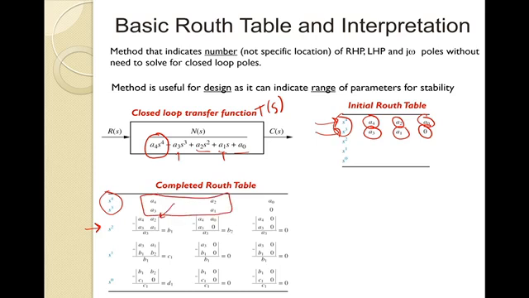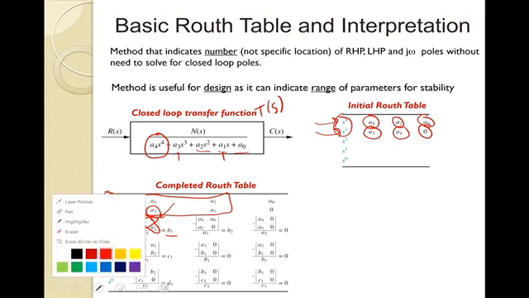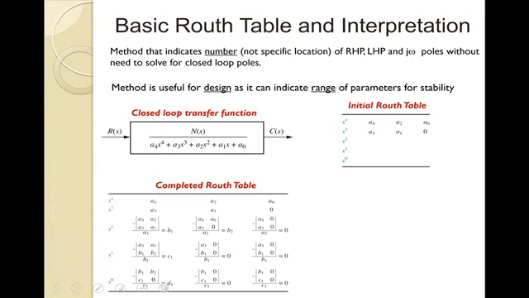How we calculate that determinant is to cross multiply: A4 times A1 minus A2 times A3, which gives a single value. Then notice there's a negative sign out front of it, so the negative of that value divided by A3, which is again this value right here. That will give us a value that we're going to call B1. So that's the first entry we're going to have for s^2.